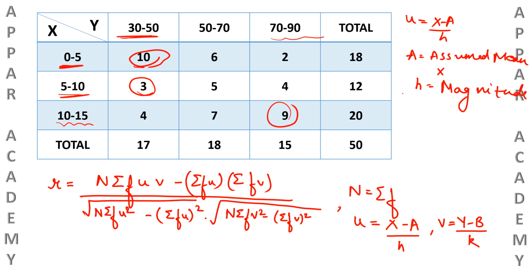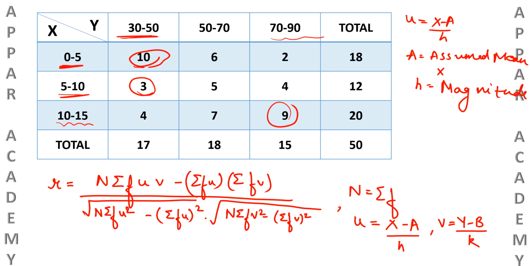We are simply doing it in order to reduce the size of the figures. When we subtract the assumed mean, we bring the values closer. And when we divide by h, we reduce the magnitude so that the figures turn out to be single or two digits instead of very big numbers. We generally do this to make our calculations easier.